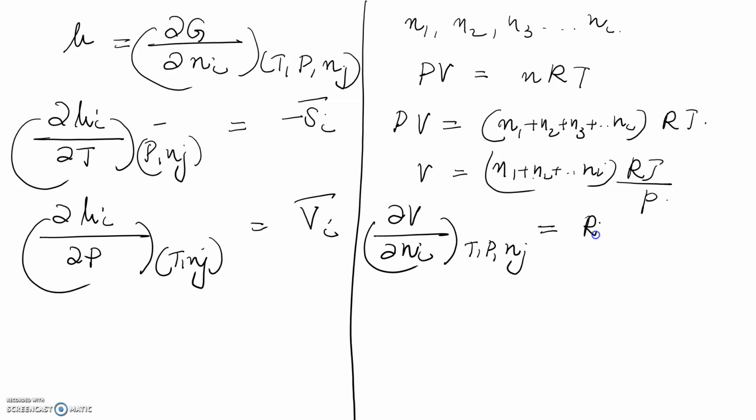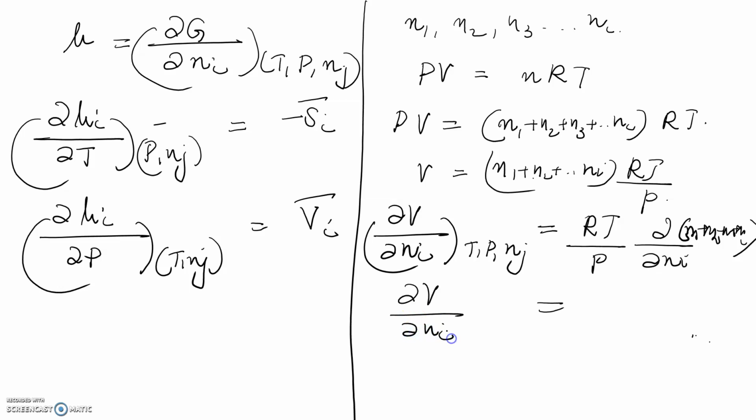Therefore, this equation becomes RT by P into dou by dou Ni of (N1 plus N2 plus etc. Ni). Only the term which can be differentiated is Ni. So dou Ni by dou Ni is 1, or we can write dou V by dou Ni at constant temperature, pressure, Nj is equal to RT by P into 1, or it is RT by P.